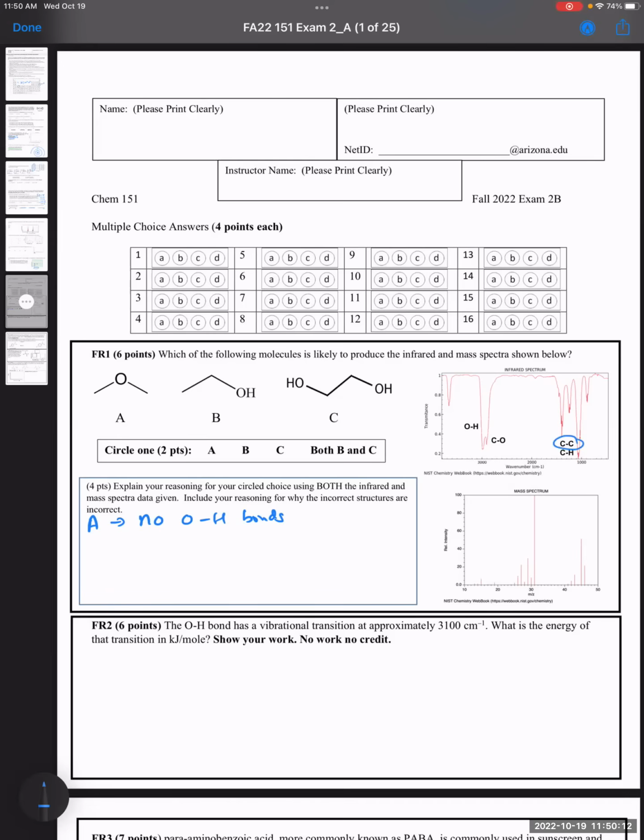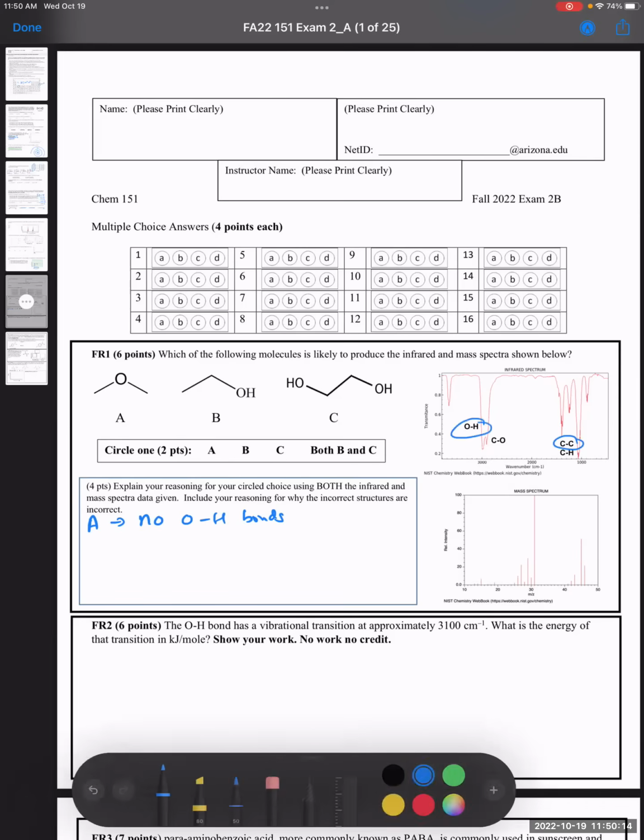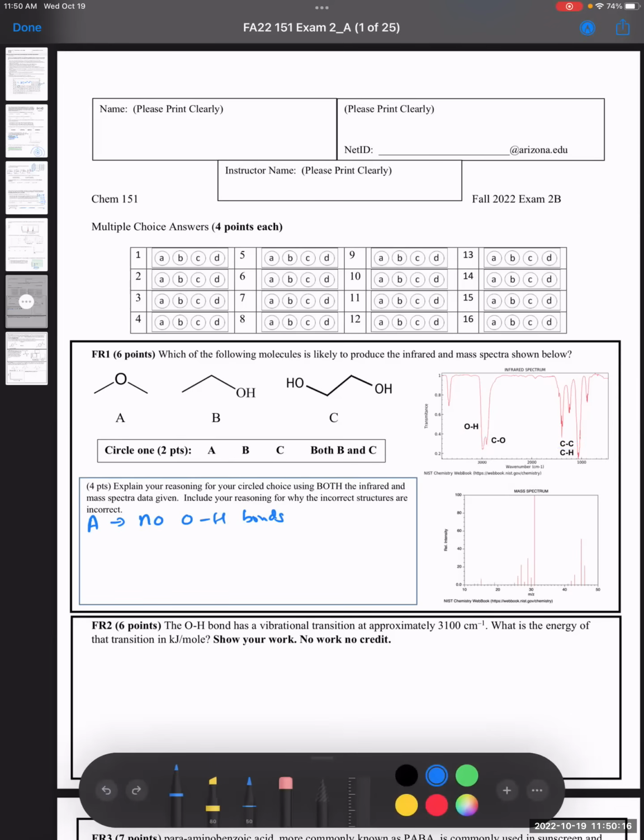Therefore, option A cannot be our answer. And then between options B and C, all the bonds are there: CC bonds, CH bonds, CO bonds, and OH bonds. All the bonds are there.